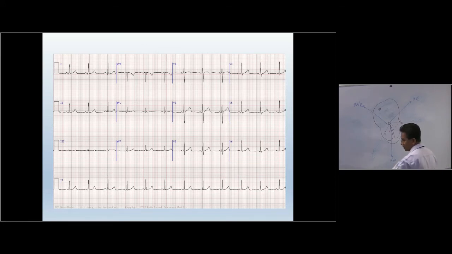Now, if this patient is experiencing an inferior infarction, this is the inferior part of the heart. So the leads which are facing the inferior surface are lead 2, 3 and AVF.